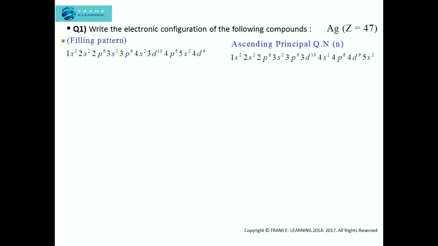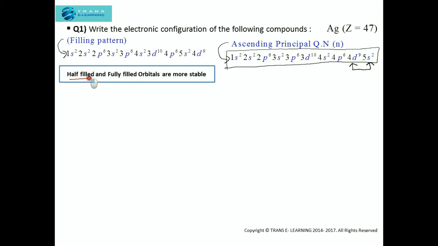Here I have written the electronic configuration as per the filling pattern, and here I have written it as per the ascending principal quantum number. We will consider this one as the final electronic configuration. You can see here that the d orbital has 9 electrons and the s orbital has 2 electrons.